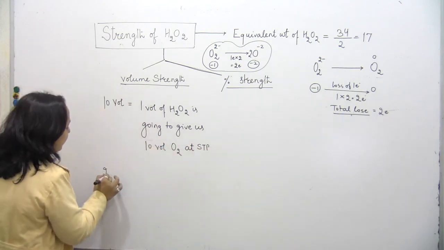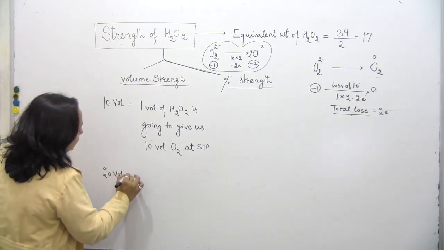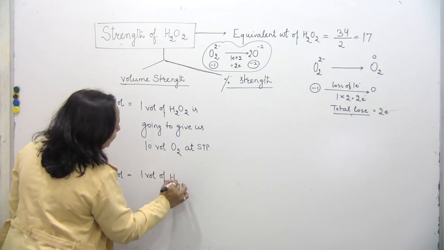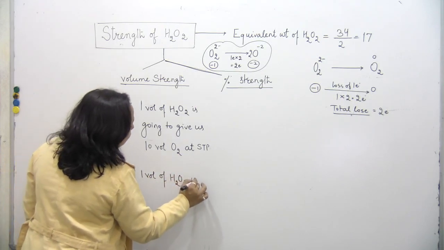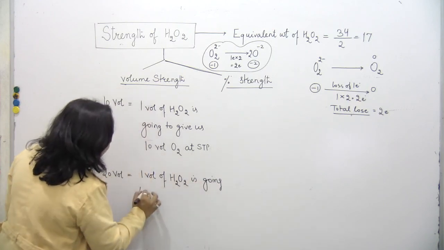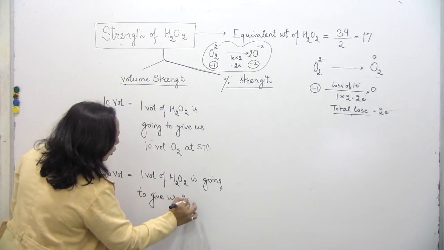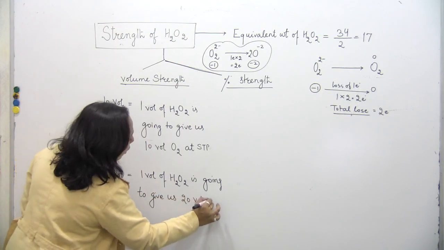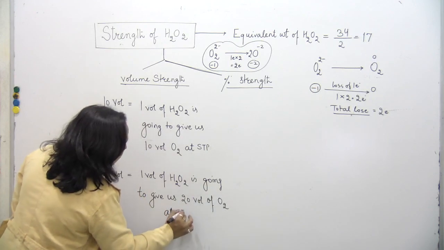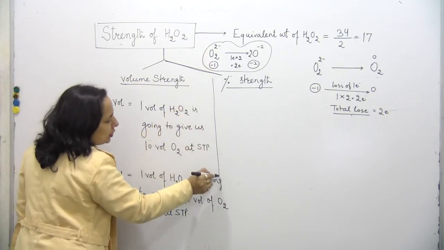That means if we have 20 volume hydrogen peroxide, it means 1 volume of hydrogen peroxide is going to give us 20 volume of oxygen at STP. That is the meaning of volume strength.